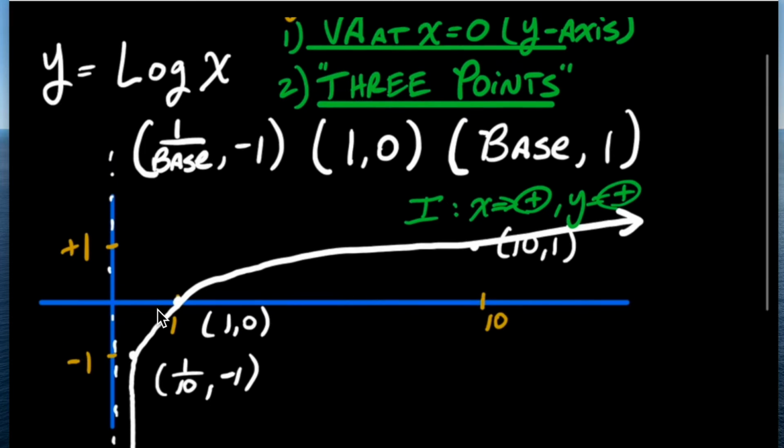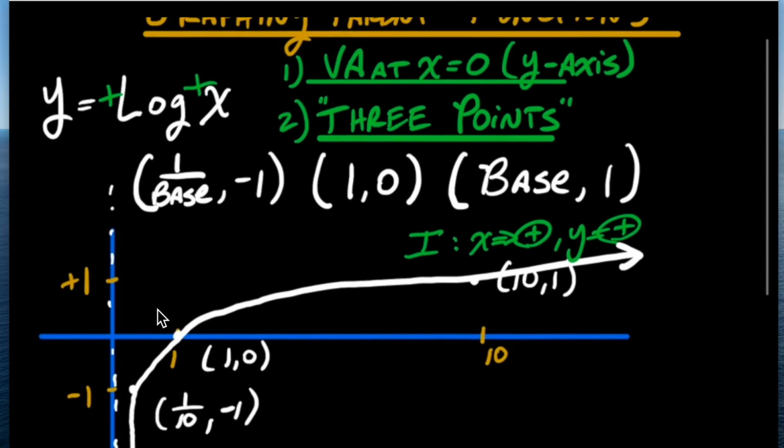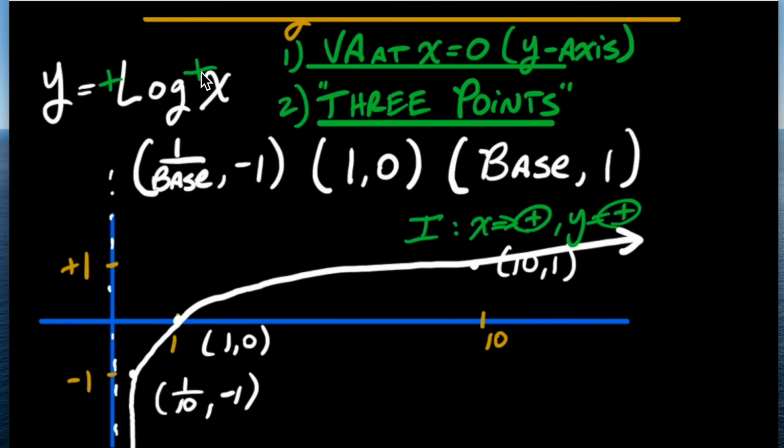And I want you to look at the parent function. Notice that this has a positive sign and this has a positive sign. And as you'll see, we can use this intuition based on the sign associated with the x value and the sign in front of the log to determine which of the 4 quadrants is going to take this graph.